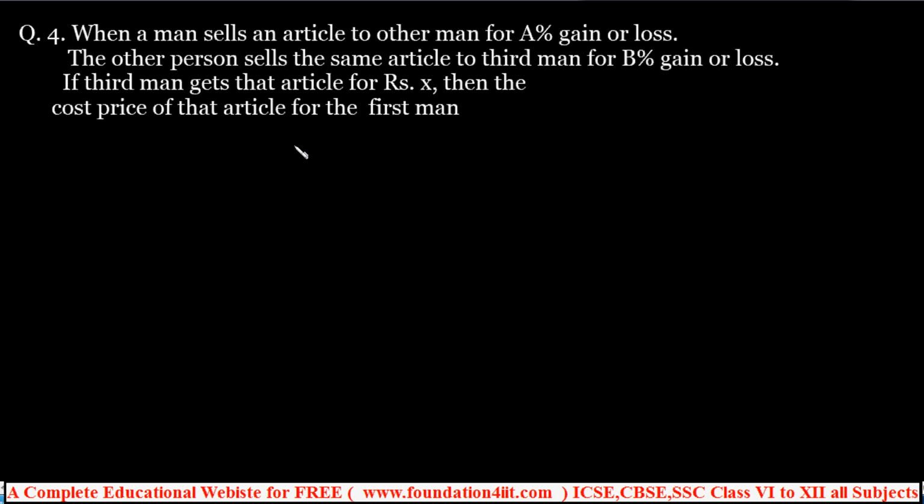Previous one problem we saw, just one more formula I want to give here. Same as when a man sells an article to another man for a% gain or loss. In question number 2 we checked already only with the profits.